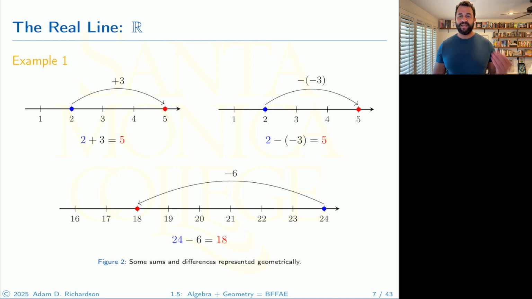Subtracting a negative is adding, so this is like starting at 2 and taking away -3, which means we're adding 3 and we end up at 5. Now, if you were subtracting a positive number, for example, 24 minus 6, that's like starting at 24 and then going to the left 6 units. 24 minus 6, you end up at the number 18. That's the geometric interpretation.